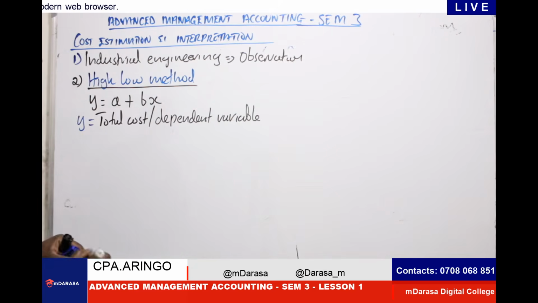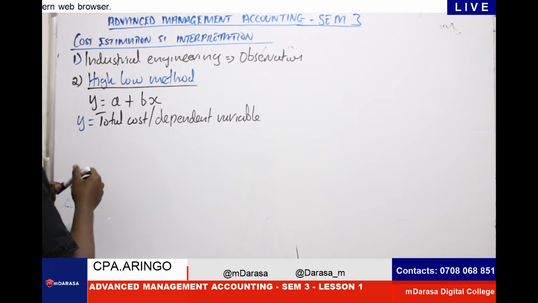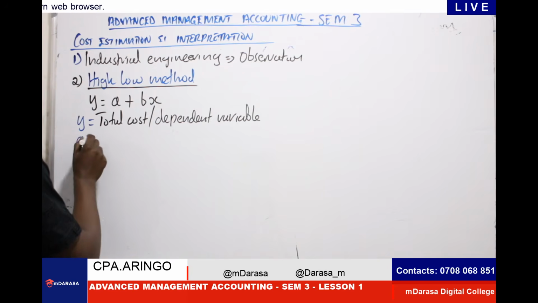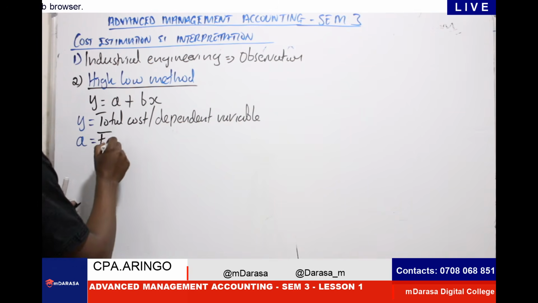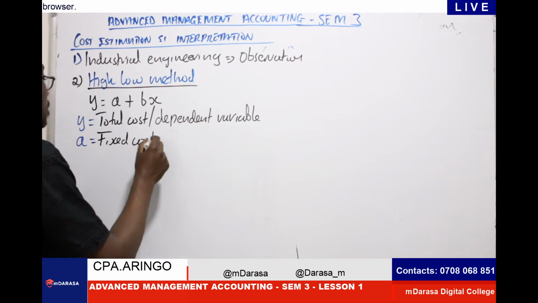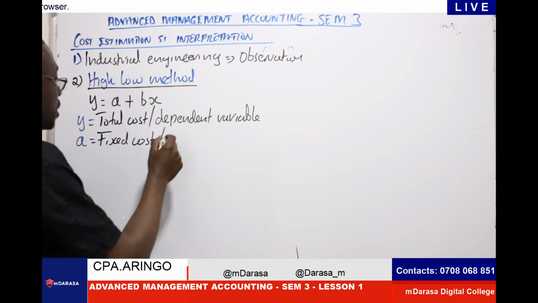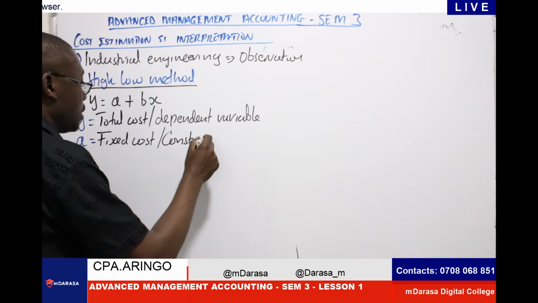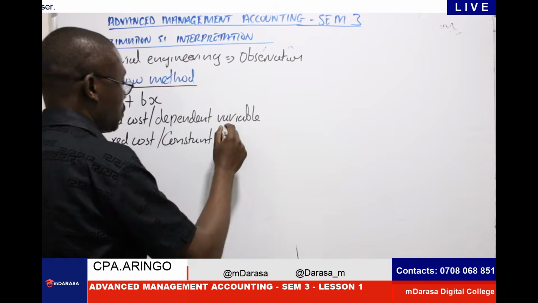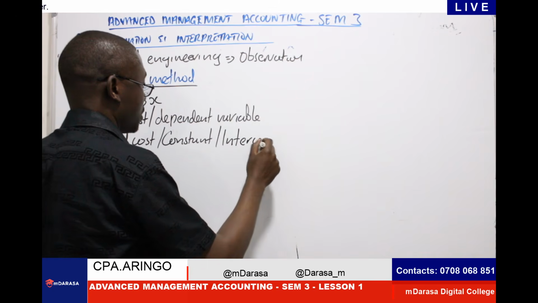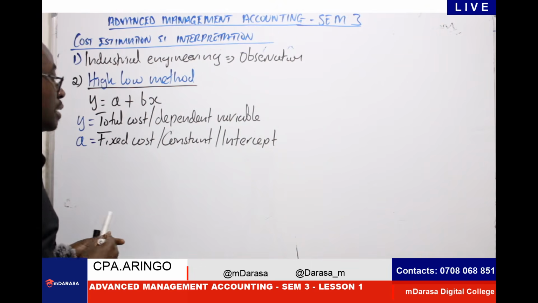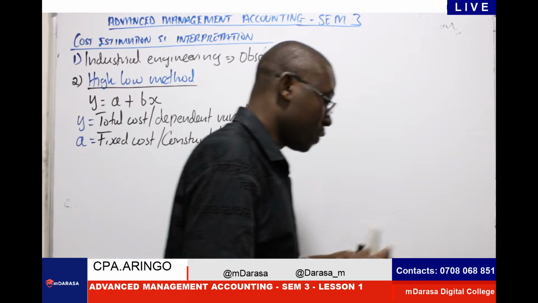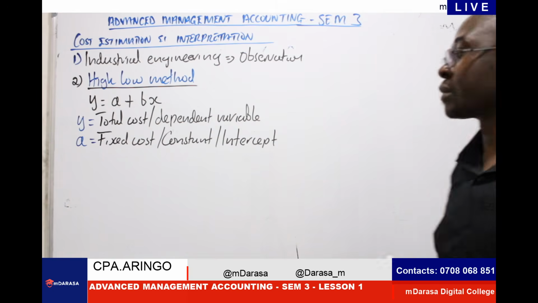We have the value of a. Here a is the fixed cost, or simply the constant. In other cases, you can refer to this as our intercept.